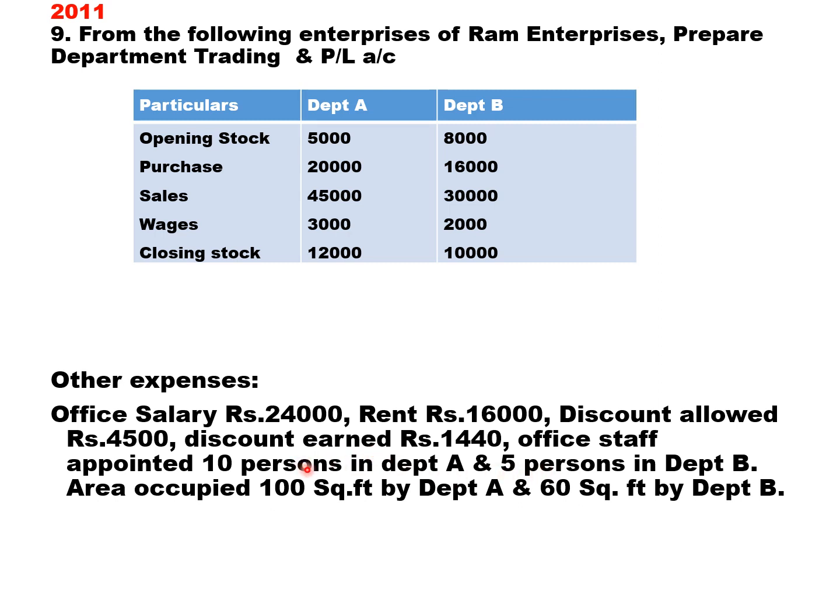Office staff appointed 10 persons in Department A and 5 persons in Department B. This is information for us to find out staff ratio. Area occupied 100 feet by Department A, 60 feet by Department B. This is information which will help us to find out the ratio of area occupied.